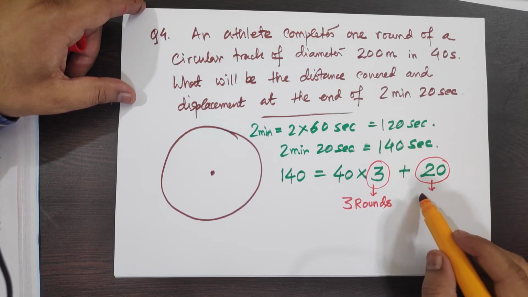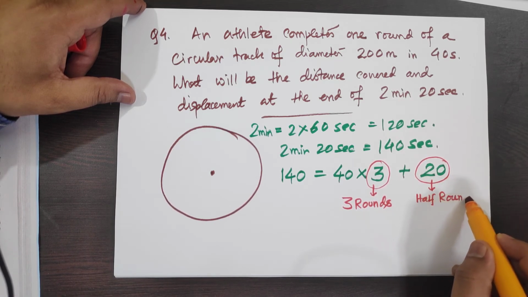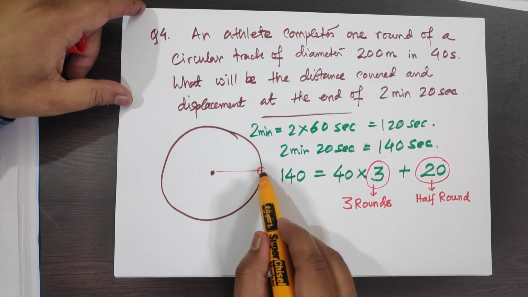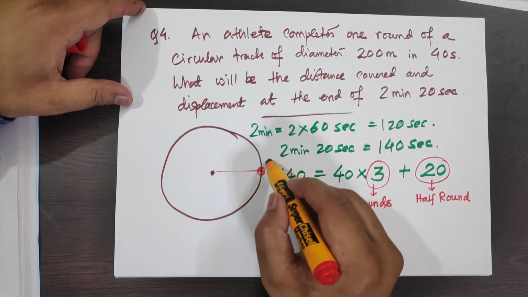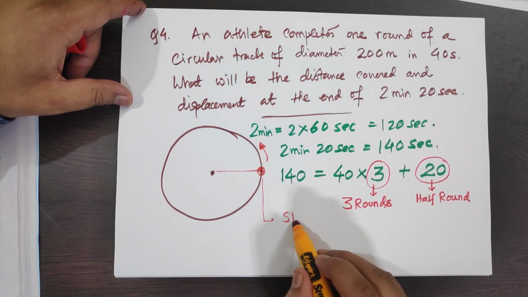So half round. 140 seconds means suppose this is the starting point and this is the direction, right?